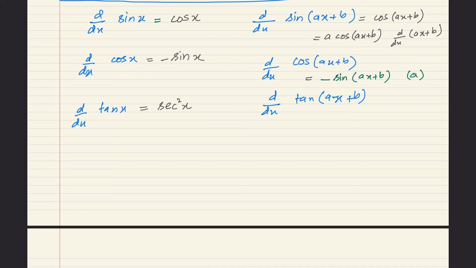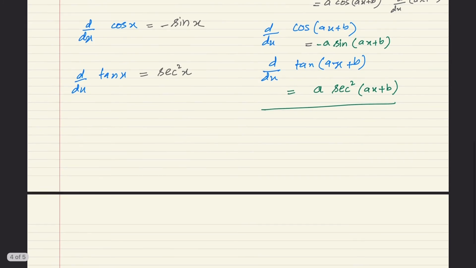And I said write this a before sine, so I'm just going to shift this a before sine. Okay, so let me remove this one, and then this minus will become minus a. And same here, I hope you got it, this will become secant square ax plus b, and the derivative of the inside function is a, and you have to write a before this secant square.